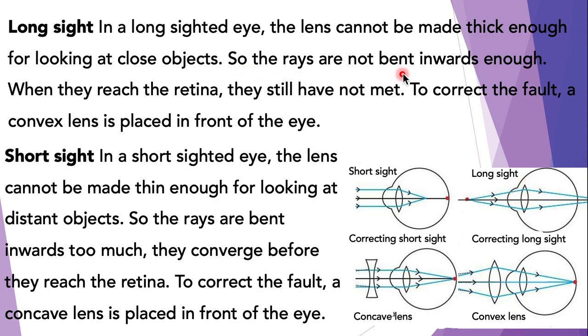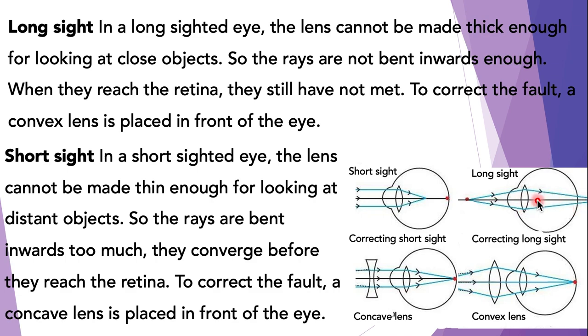So the rays are not bent inwards enough, and when they reach the retina, they still have not met. Here you can see in this diagram a long-sighted eye. The lens cannot be made thick enough, so the rays are not bent inwards enough. When they reach the retina, they still have not met, and that is why a blurred image forms.